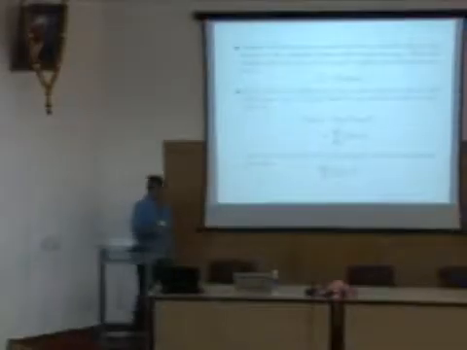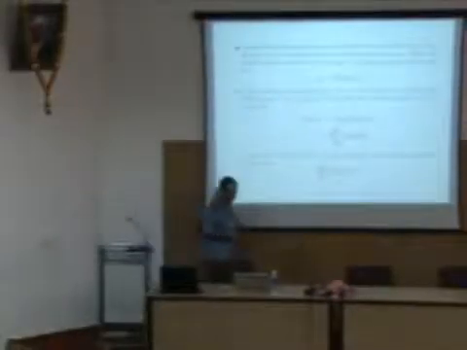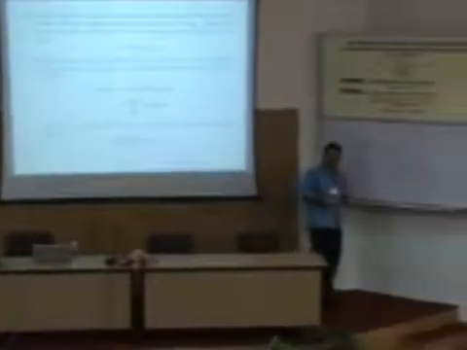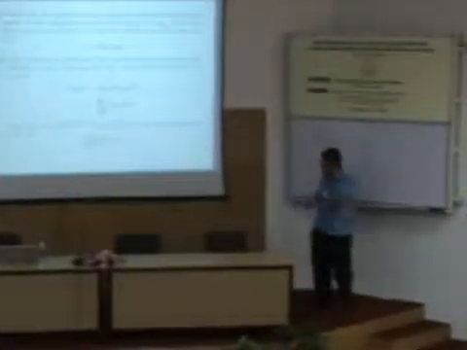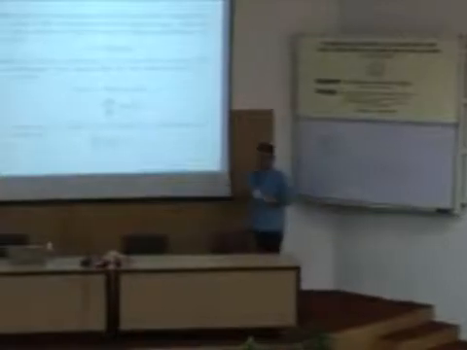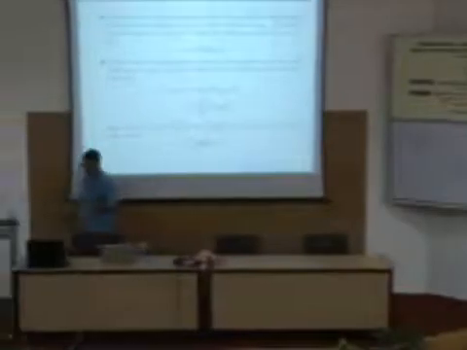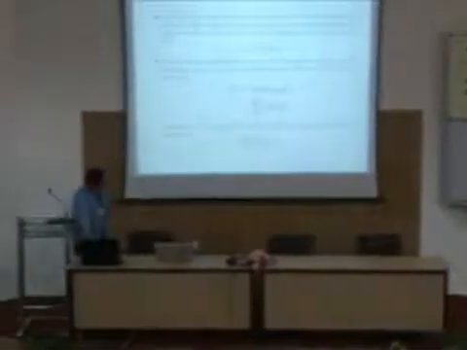I didn't define a pure state. A pure state is basically a special case of an ensemble where one of the p sub i's, which I talked about in the previous slide, is 1, and the rest are all zeros.